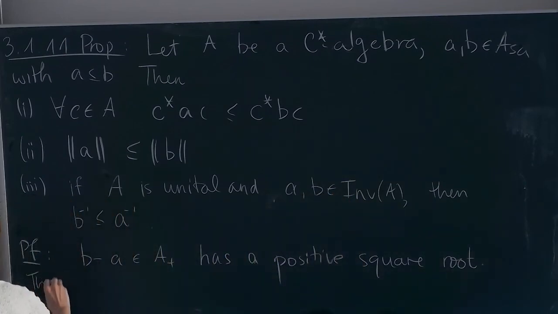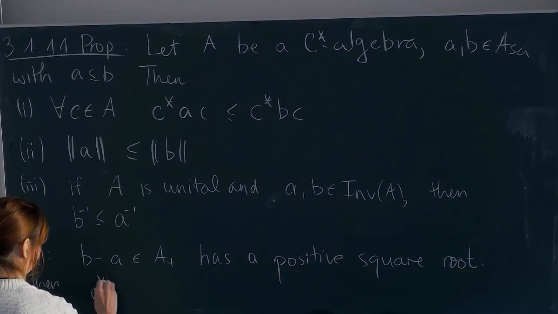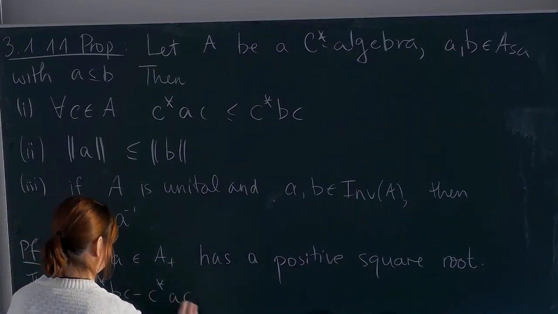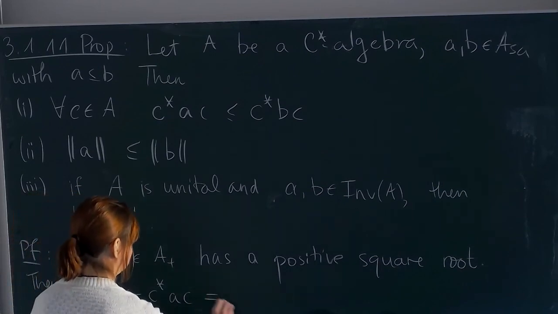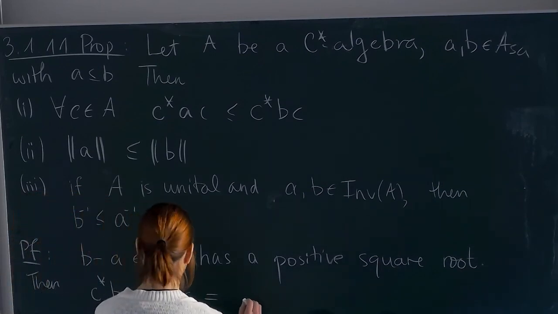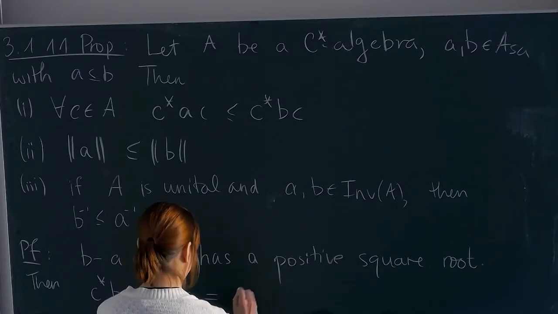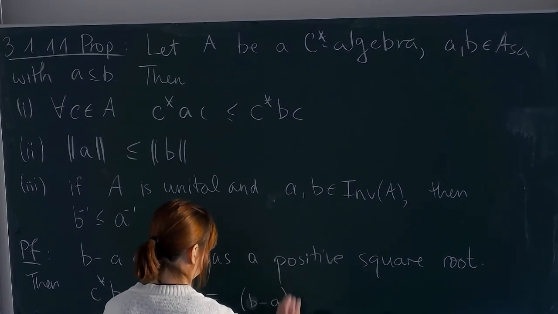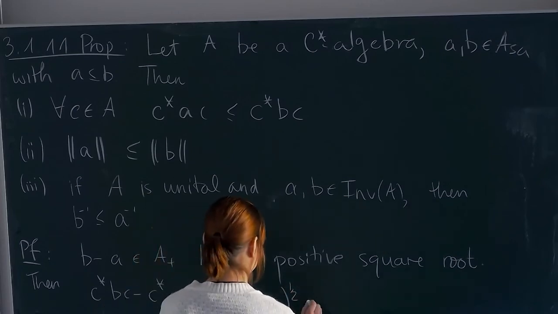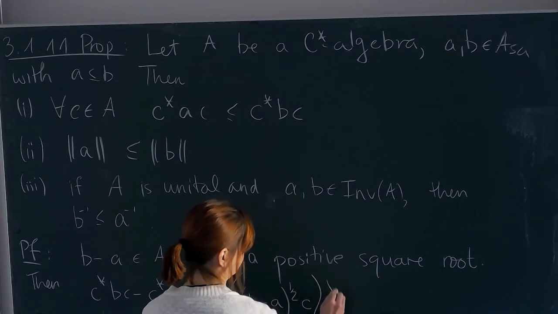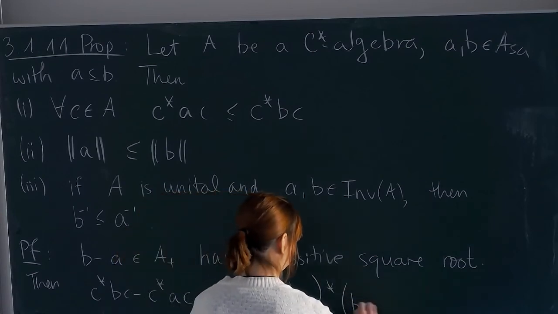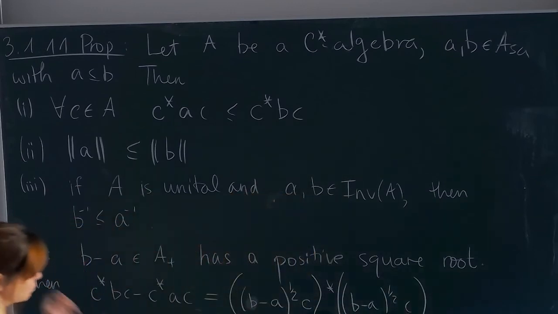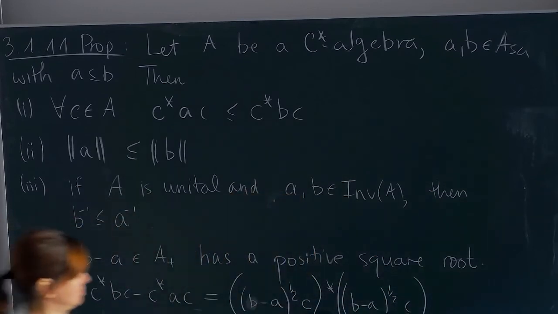Then C star B C minus C star A C is equal to the square root of B minus A times C, all starred, times the square root of B minus A times C. And we just saw that this is positive.